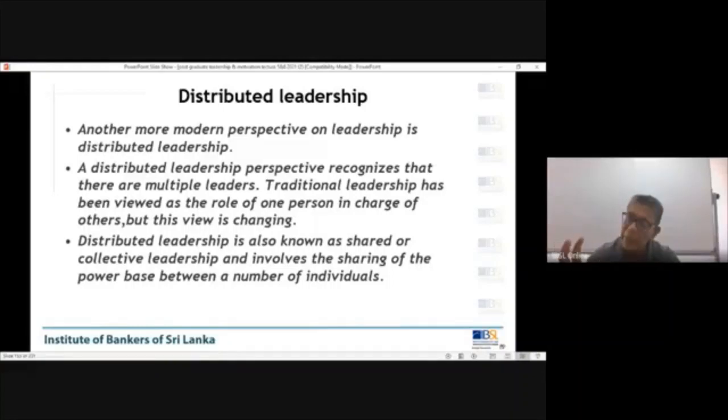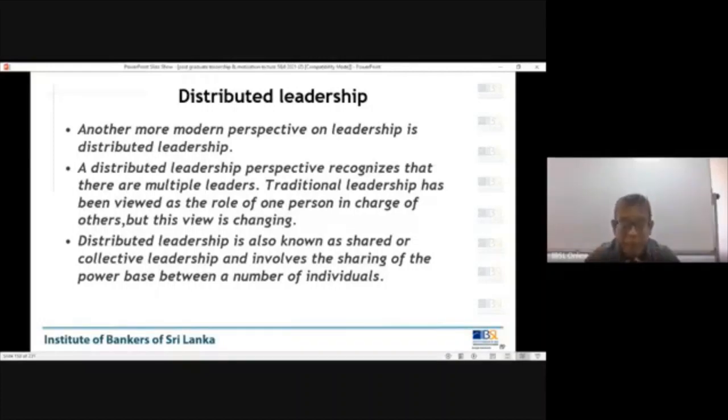That means one person does not have all these leadership qualities, but different people may have some good leadership qualities. So they join together, and in an organization, you have leaders with 3, 4 more specific characteristics.